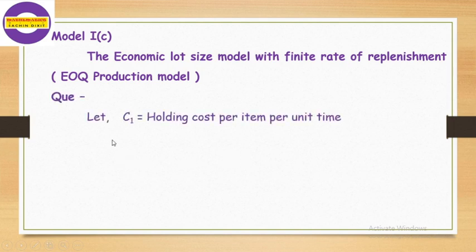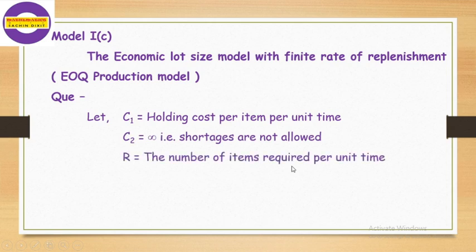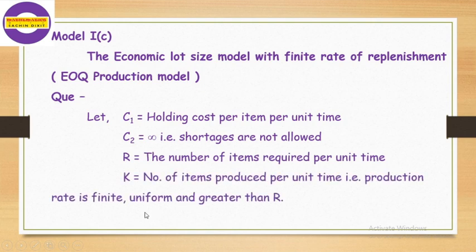Question: let C1 be the holding cost per item per unit time, C2 is infinity, that is shortages are not allowed, R the number of items required per unit time, K the number of items produced per unit time, that is, the production rate is finite, uniform and greater than R. R is the demand rate and K is the production rate.